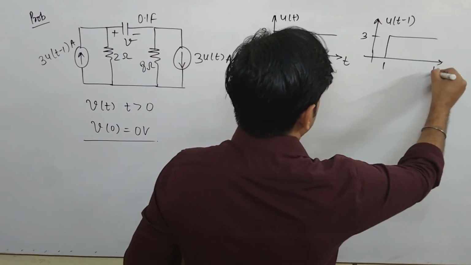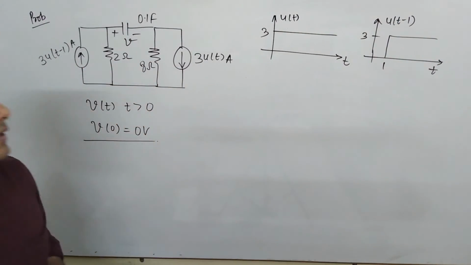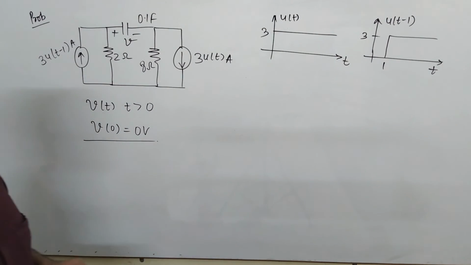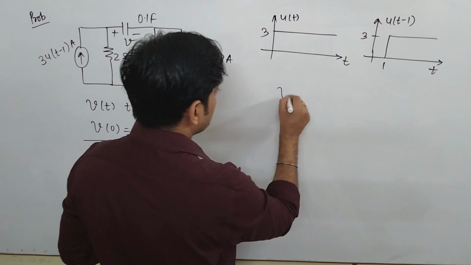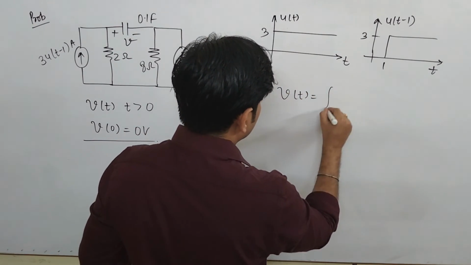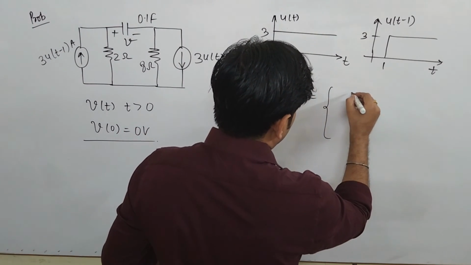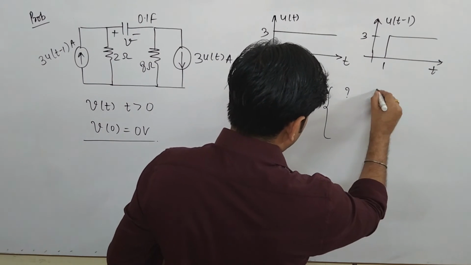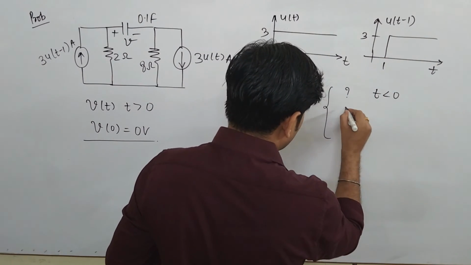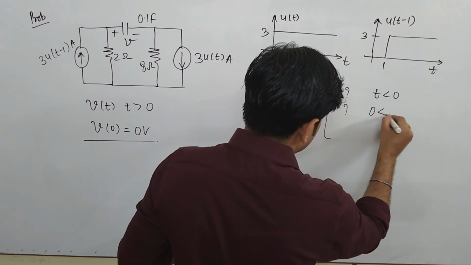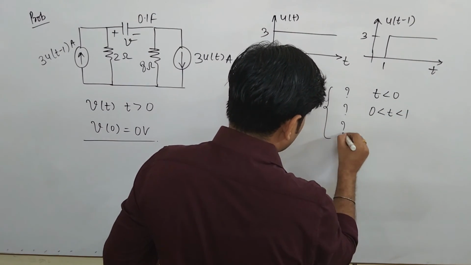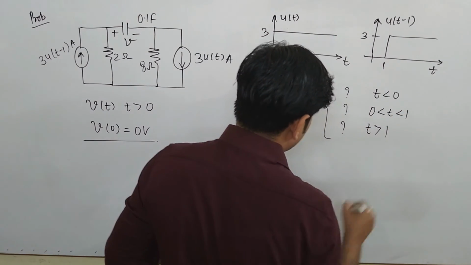Very simple. So this is u(t) and this is u(t minus 1). That means the solution for Vt actually is for first t less than 0, second for 0 to 1 and third for t greater than 1.